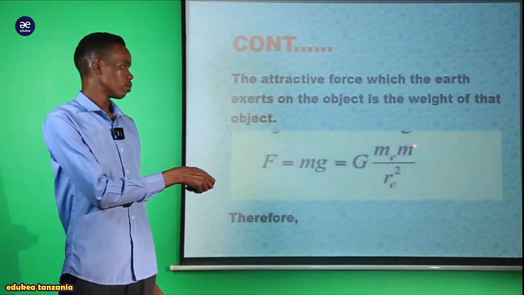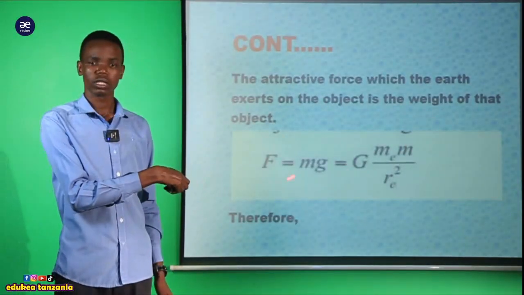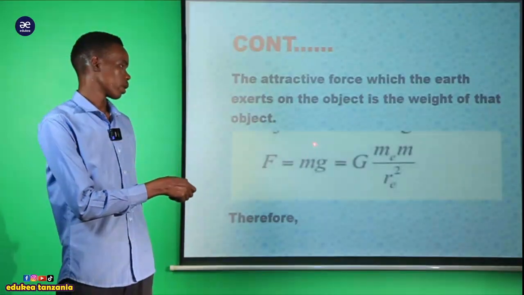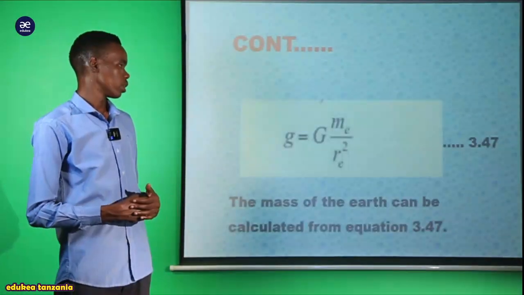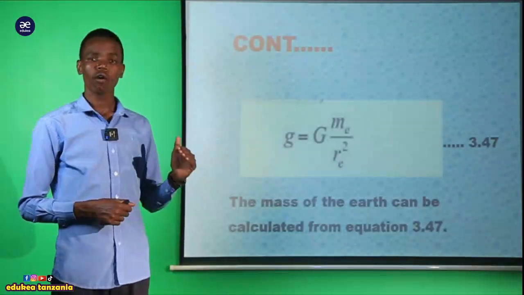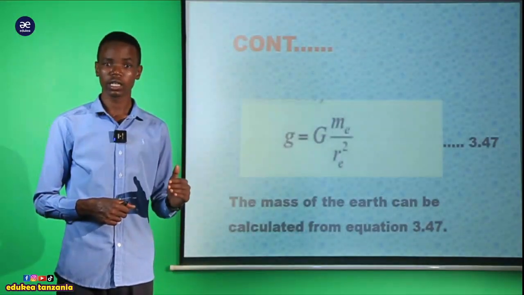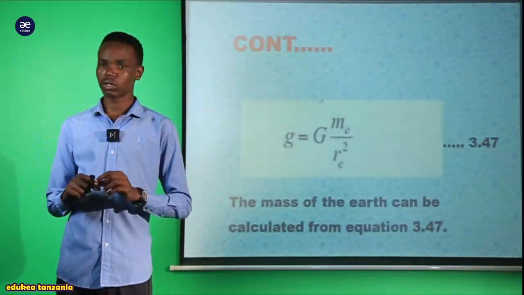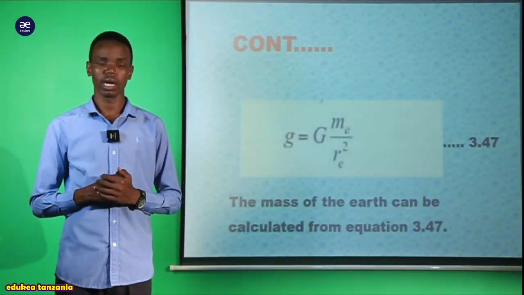We should omit this mass because it is found on both sides. Now, if we cancel it, we should obtain that the acceleration due to gravity of the Earth must be equal to G Me divided by Re squared.